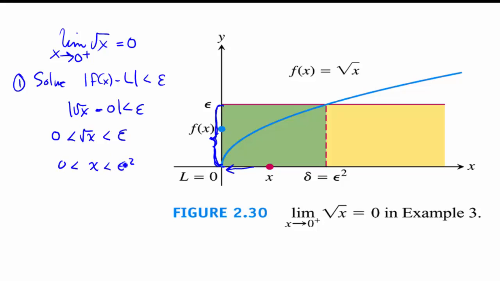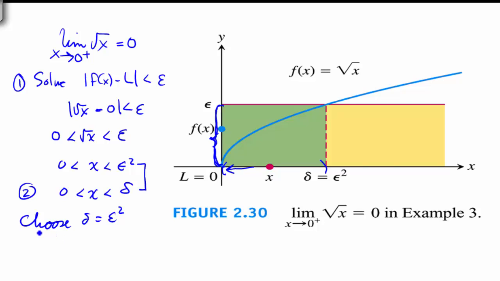Well, what is the delta that we want? The delta that we want is an open interval from 0 to delta. So naturally, it's just a match-up right here. We choose delta to be equal to epsilon squared.